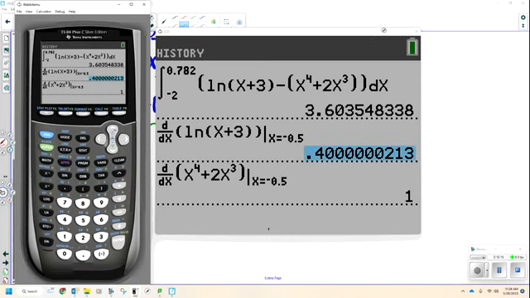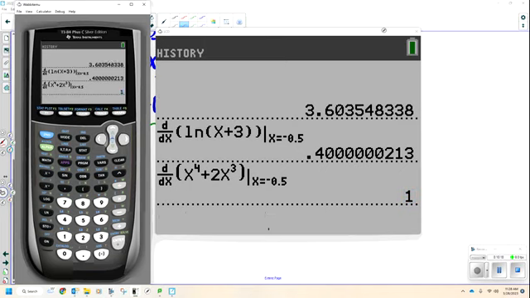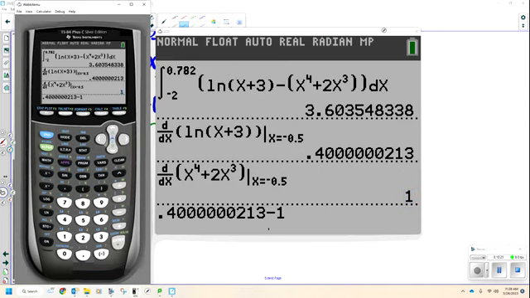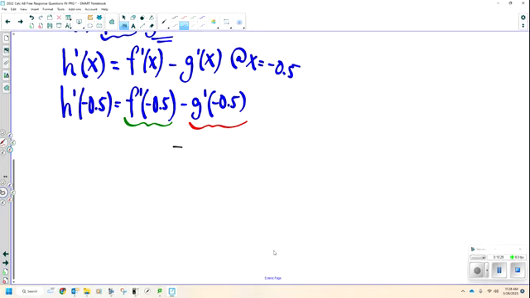I'm going to take those two answers and subtract them. And I should get negative, but we'll round that to negative 0.600. This tells me right here how I'm getting my answer, negative 0.6.